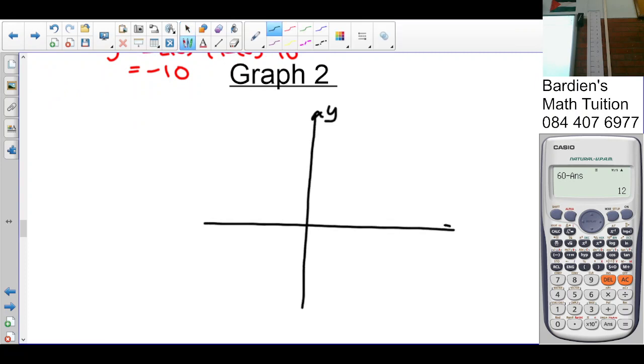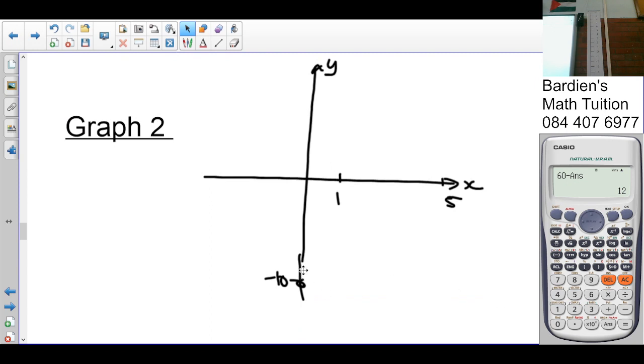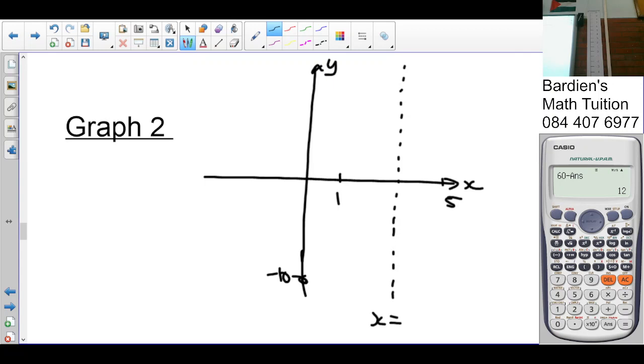Okay, here we go. What are your x values? 1 and 5. And you have a y-intercept of negative 10. Okay, all agree with that? And then the turning point: you first throw in your axis of symmetry, which is 3.